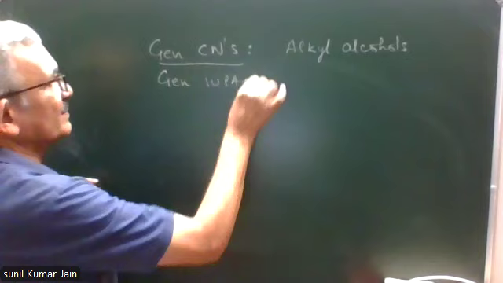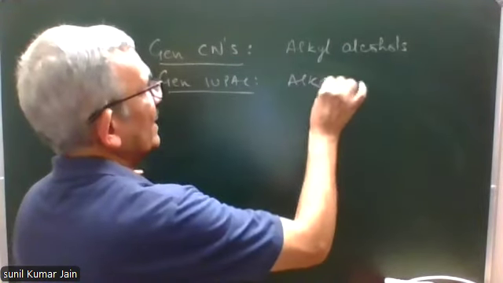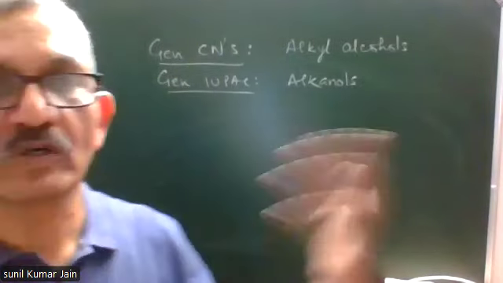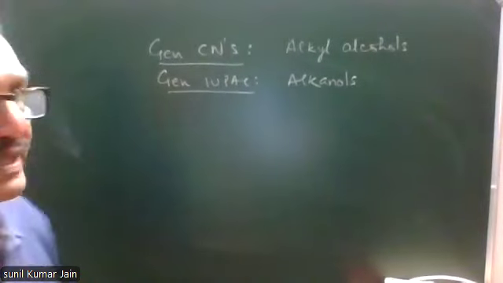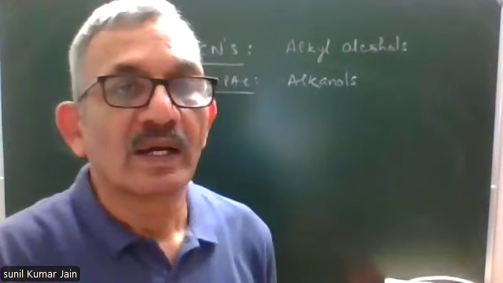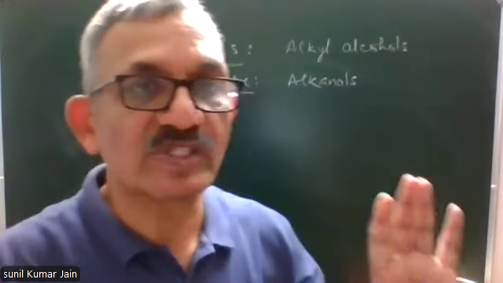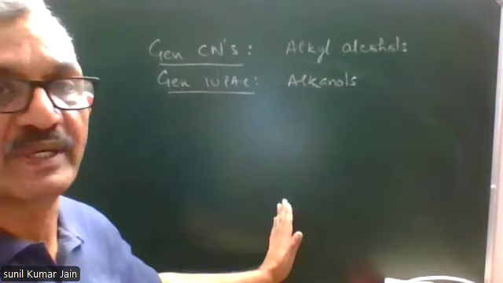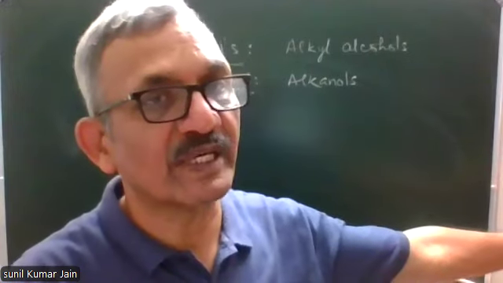General IUPAC: alkanols. Alkanols, you know, ethanol, methanol, butanol. So that is the general IUPAC name. Now we'll take up examples. We'll follow the same pattern: on the extreme left, structures, then common name, if any, and on the extreme right, the IUPAC name of the compound.